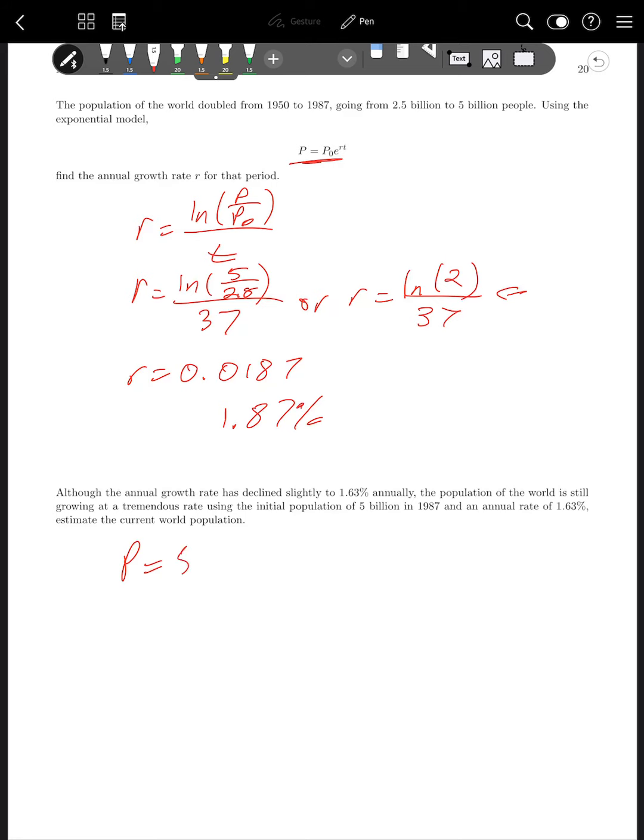So we plug in our initial population, which is 5 billion, times e to the rate, which is 0.0163, and then it wants to know what the current world population is. Well, it's currently 2020, so that means it has been 33 years since 1987. Okay, so we can plug that in.